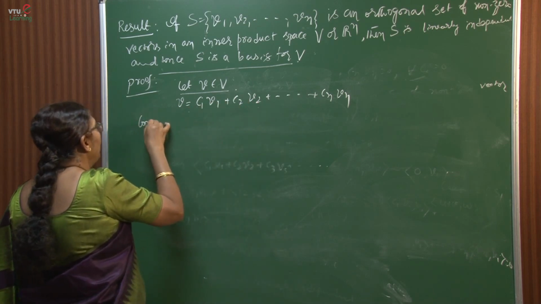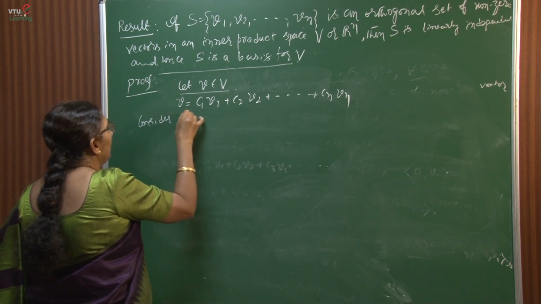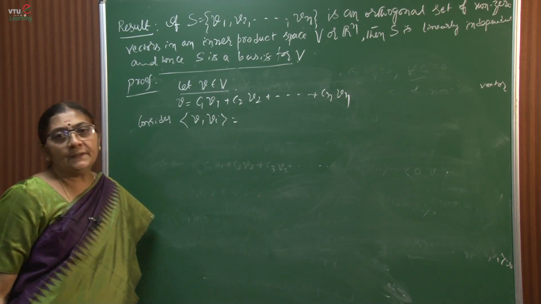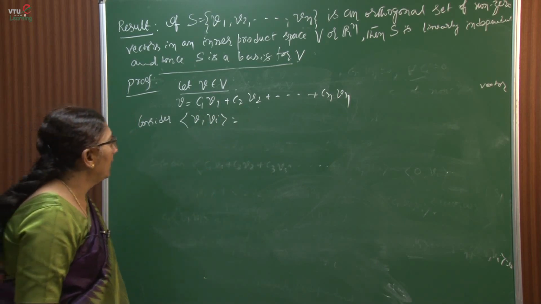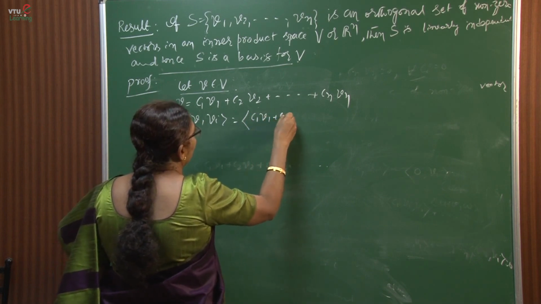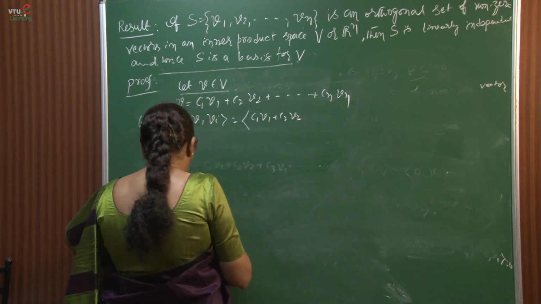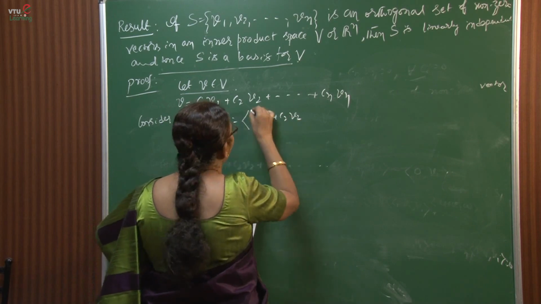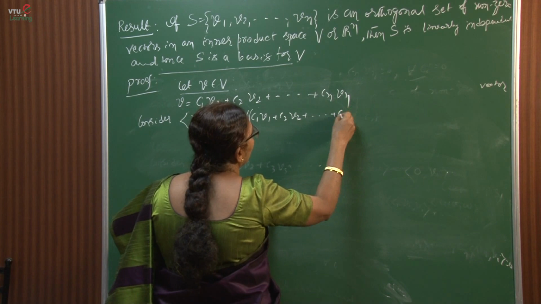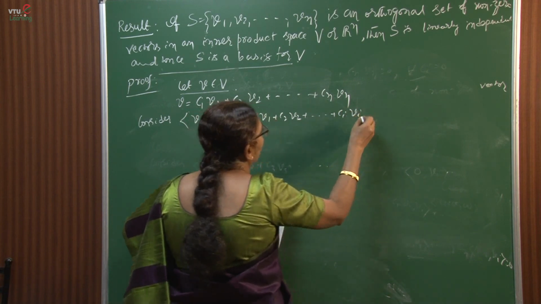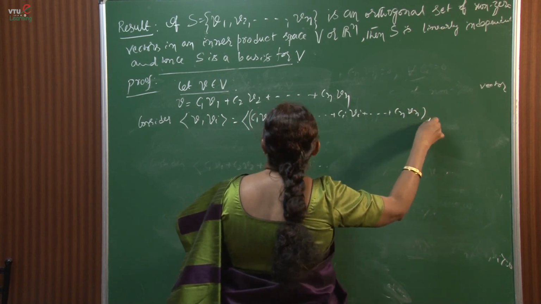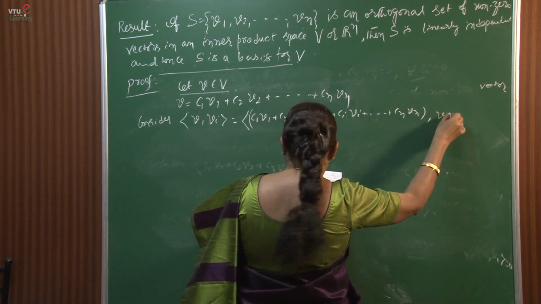Now consider the inner product of v comma vi. What is my v here? c1 v1 plus c2 v2 and so on, ci vi, and so on up to cn vn, comma vi.